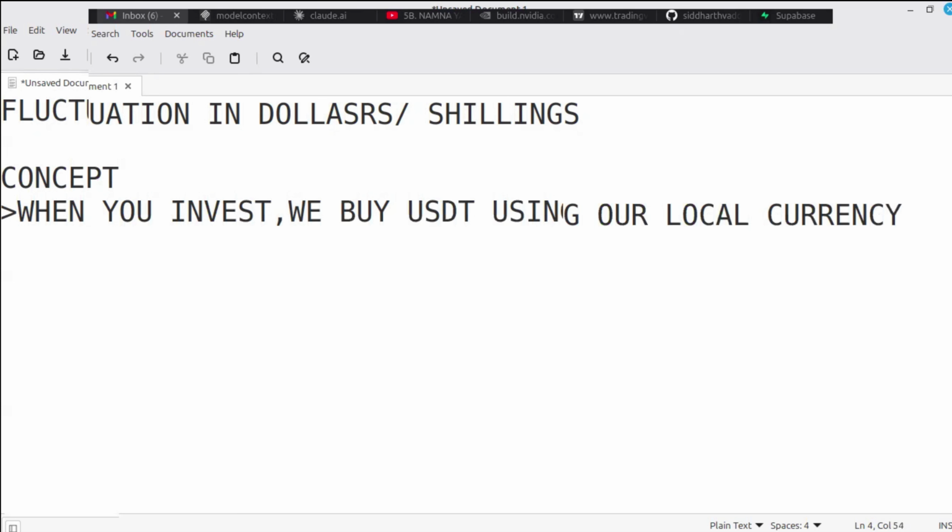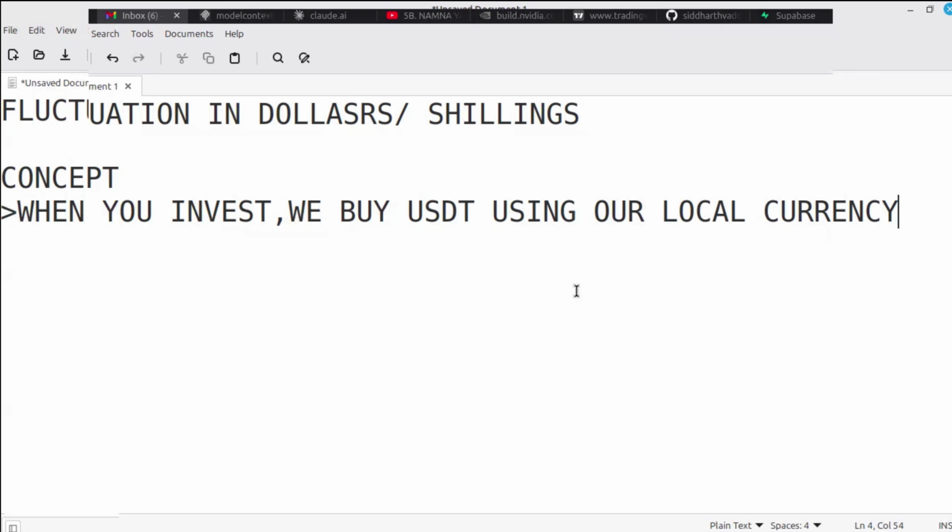So we start by buying USDT using our local currencies. It might be shillings, Kenyan shillings, Tanzanian shillings. It might be rand if you're South African. It might be euros if you're European, whatever currency. But we usually buy USDT.